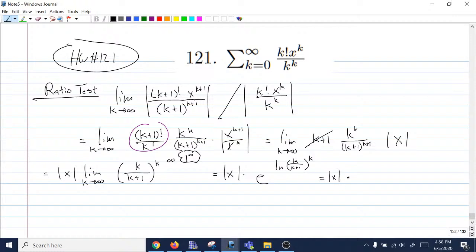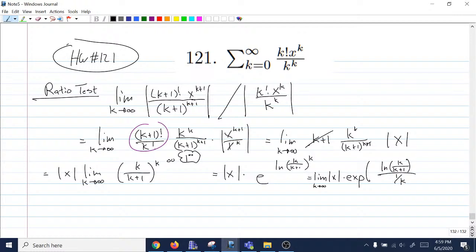This is absolute value of x times exp, I'm using exp for e to the, so that I don't have to write all this mess inside an exponent. This is a useful thing to know. Exp of, the k falls off the log. I can write ln (k over k plus 1) over 1 over k maybe?